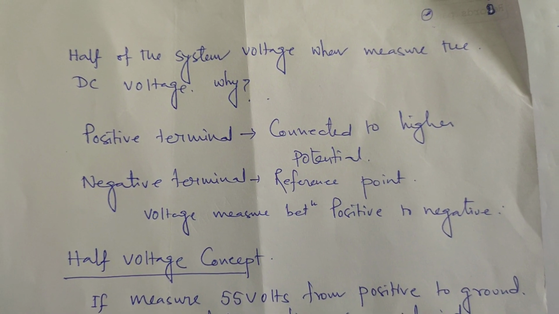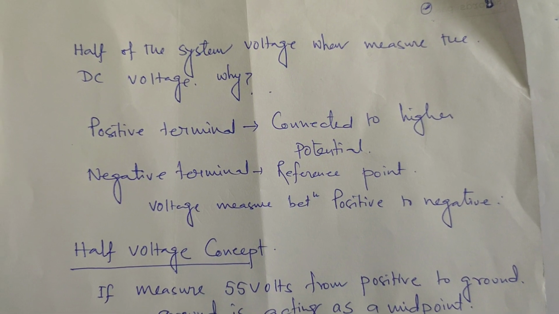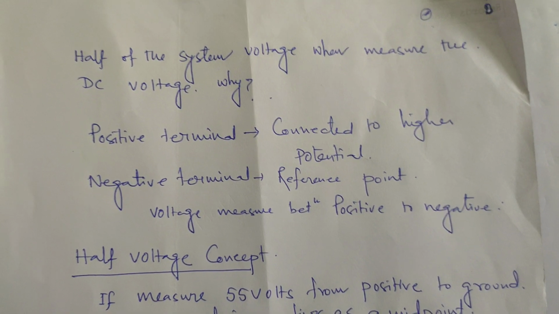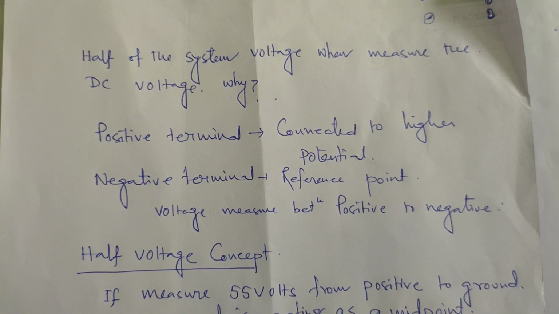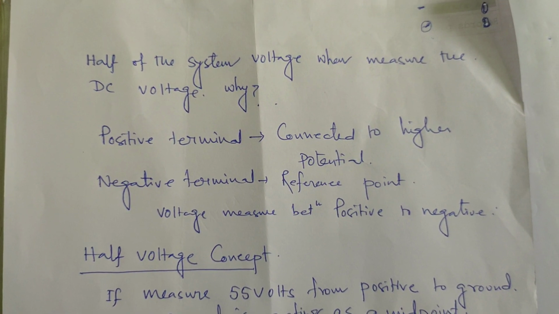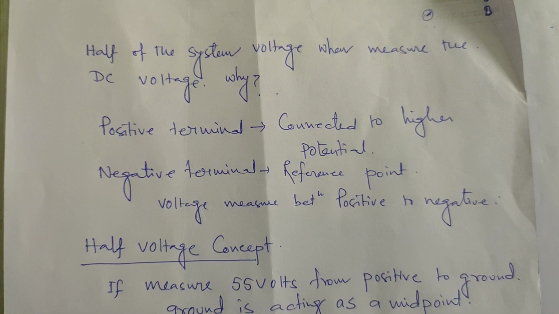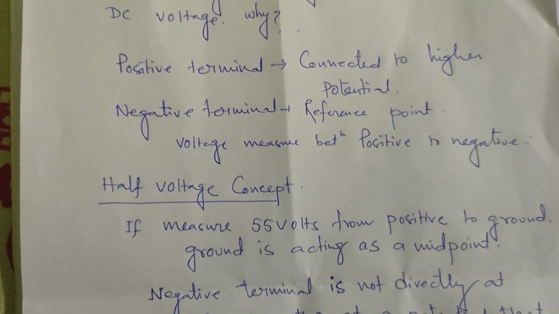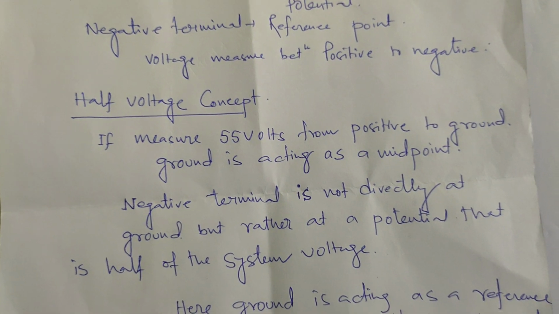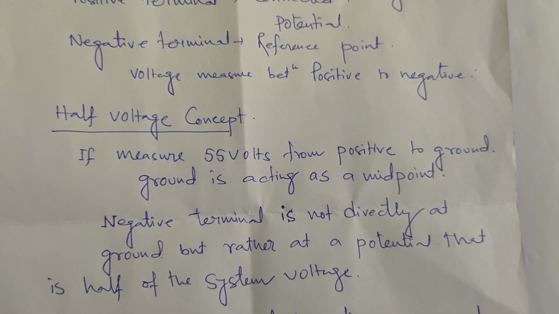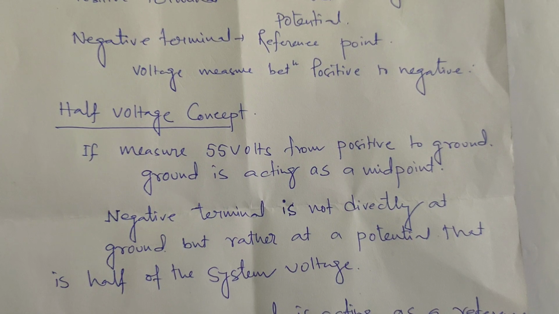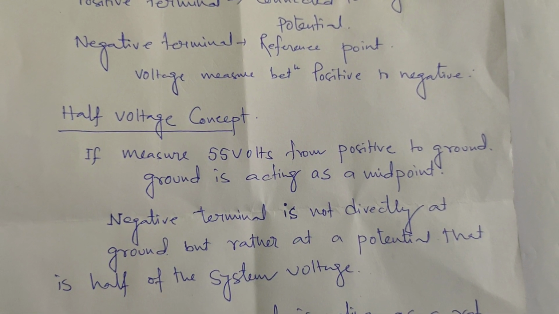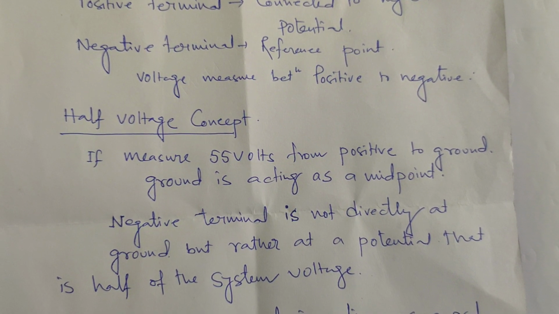So why do you get half of the voltage when you measure between positive to ground and negative to ground? Why the half voltage concept? If you measure 55 volt from the positive to ground, the ground is acting as a midpoint.